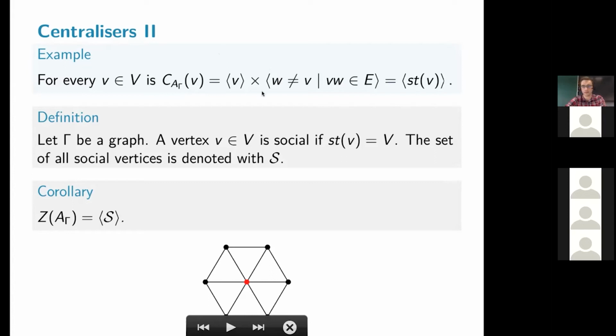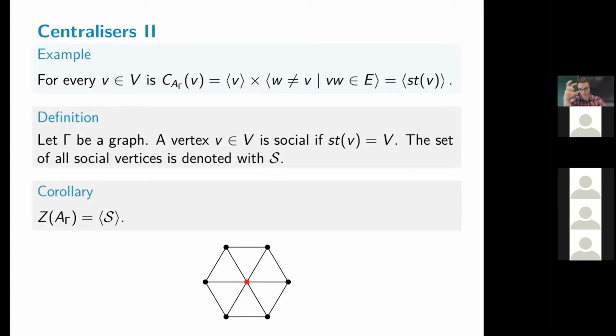But then you see that this is simply the definition of the group generated by the star of your vertex V. So as you would expect, the only things that commute with the vertex are the words that use only letters that are connected to this given vertex. So again, right-angled Artin groups behave nicely, but the proofs are often a bit more technical and take some work to get the result you like.